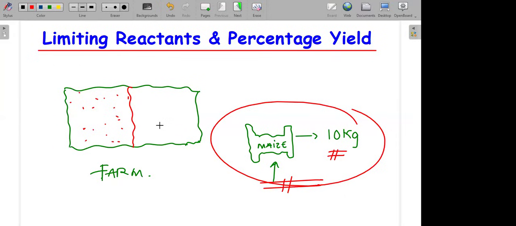But unfortunately, the amount of seed that you have only lasts up to maybe half of the farm. So that is going to determine the amount of product that you are going to get when you harvest, because of the certain amount of maize that you had actually planted. That's an example in real life.